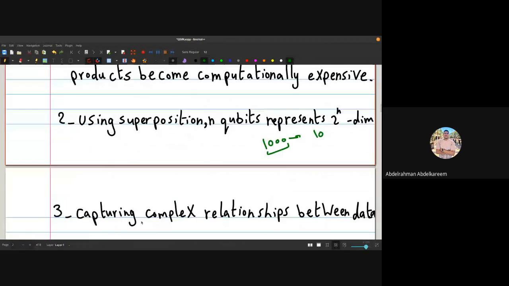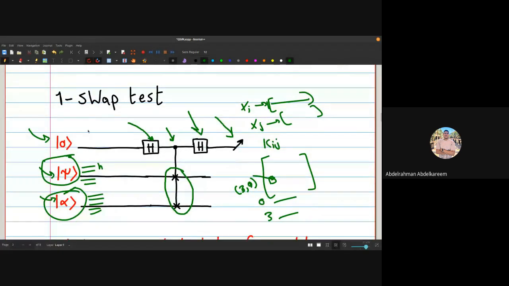Yeah, we can start from here. Swap test. Swap test is one of the ways to calculate the inner product using a quantum circuit for the quantum kernels. It uses an auxiliary qubit initialized to 0 and then two encoded states.